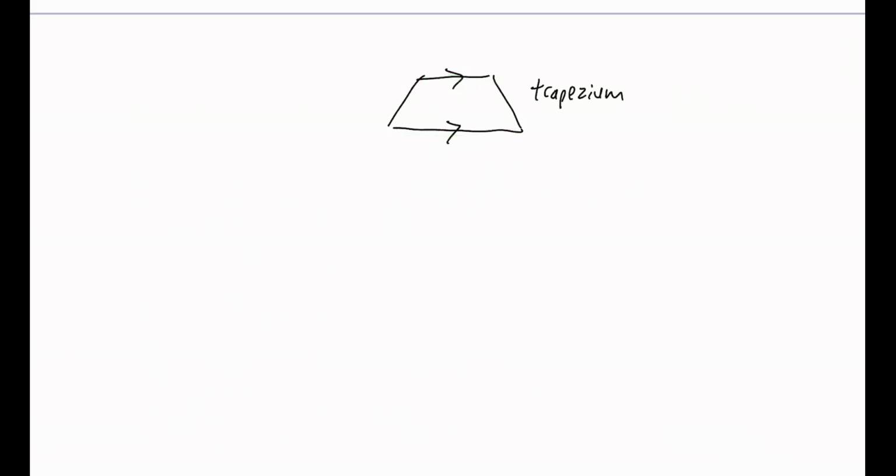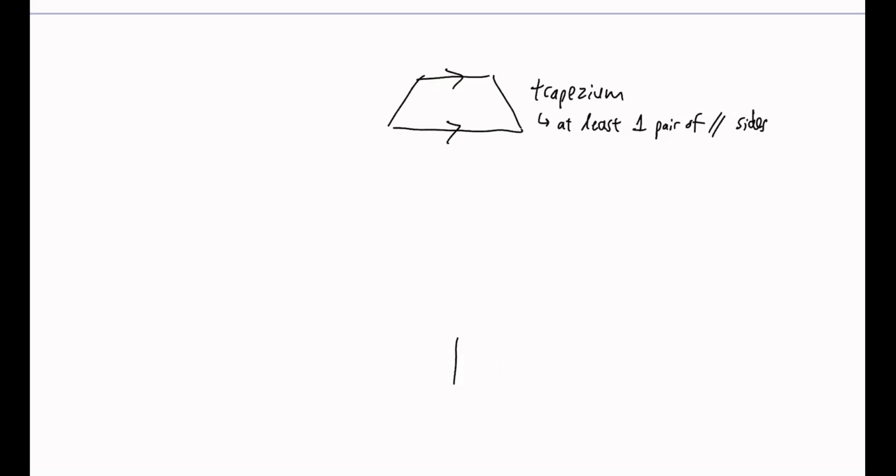But I say you must upgrade the definition to at least one pair of parallel sides. Which means it's actually a huge family, with different kinds of trapeziums inside. Did you know that a square is a special kind of trapezium? Right, because it has at least one pair of parallel sides.